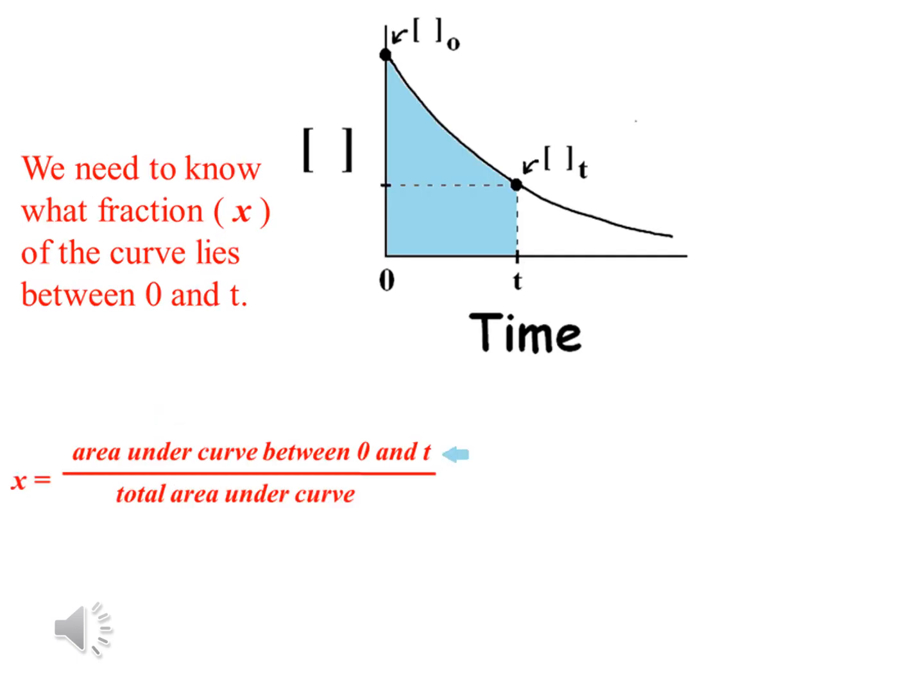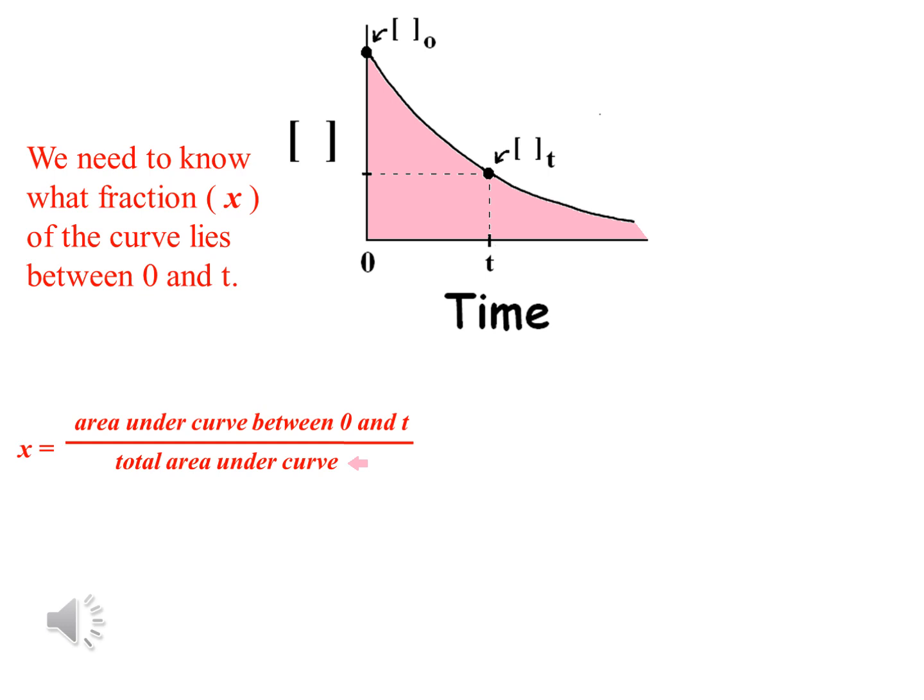The mathematical operation that you do to get the area under a curve, which is shown in blue here from 0 to t, is called an integral. So what we need to do is take the integral of this curve from 0 to t. And this is the area under the entire curve, which you can calculate because the x-axis is an asymptote.